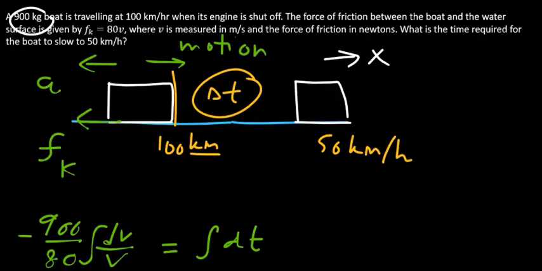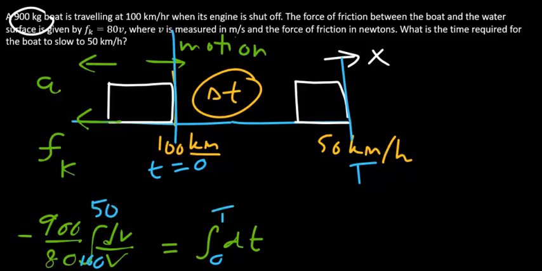You can start timing here. So when t equals 0, the speed was 100 kilometers an hour, and by the time the boat gets to that point, you can take the time to be capital T. The speed there is 50 kilometers an hour. So the time interval is the capital T, which is what we want to calculate.